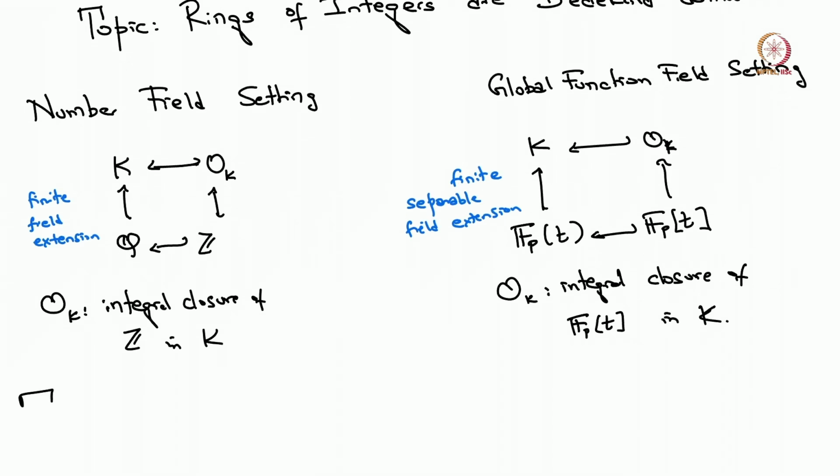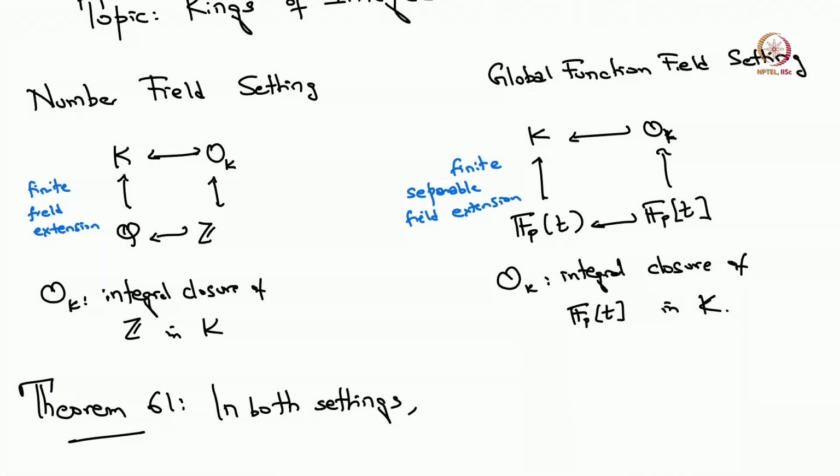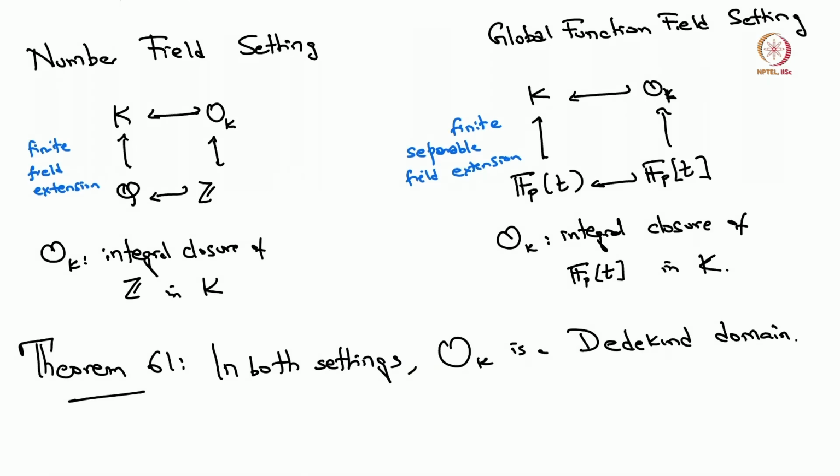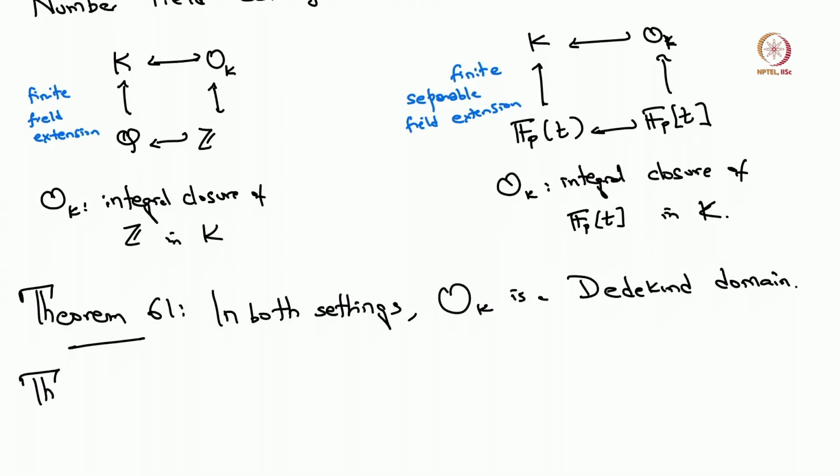Okay, so the theorem in both these settings: O_K is a Dedekind domain. And just as a reminder, that means that O_K satisfies three properties. So O_K is integrally closed in its fraction field.